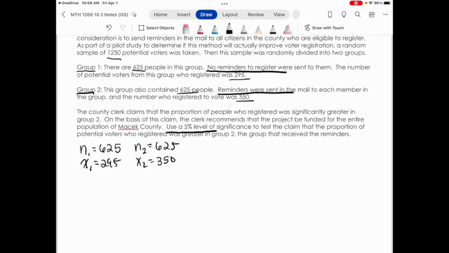And we're going to test the claim that the proportion of potential voters who registered was greater in group 2. Okay, so group 1 was the group that did not get a reminder. And group 2 did get a reminder.